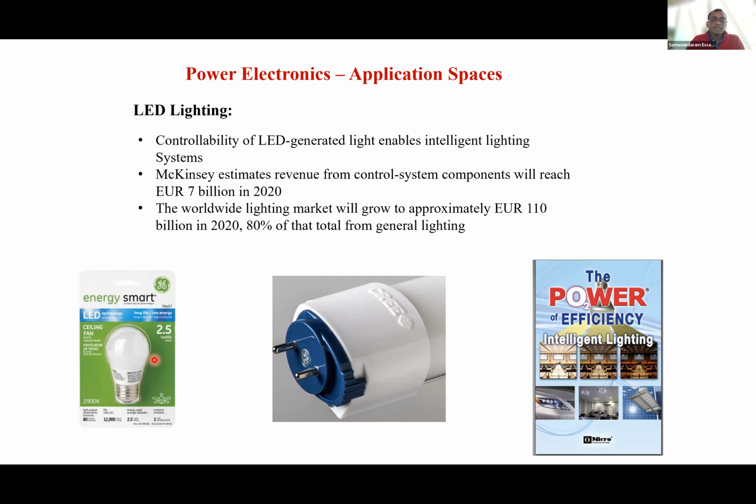That's a substantial reduction in power being consumed by our lighting needs. If you expand that to a whole city like Chennai, with all of the lighting in the city replaced by LED lighting, the consumption of power just for lighting goes down tremendously.